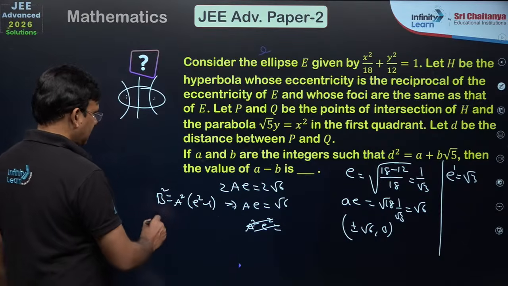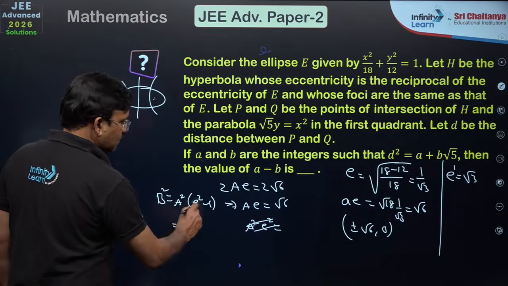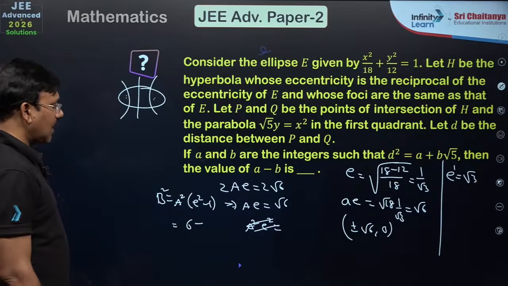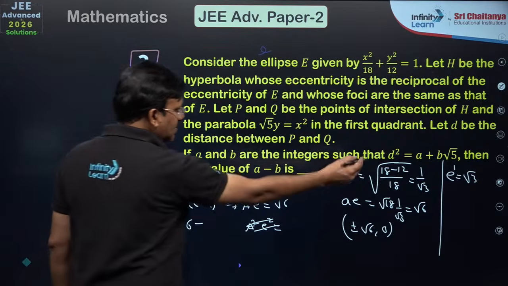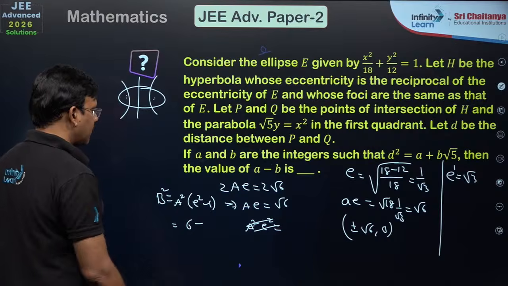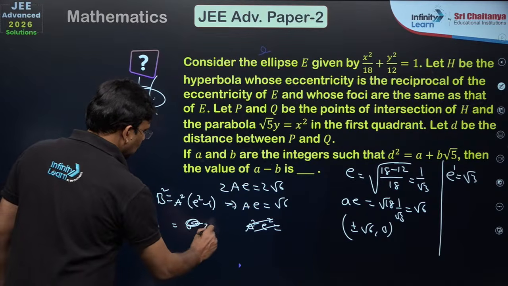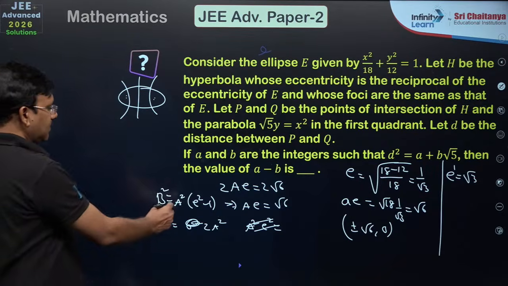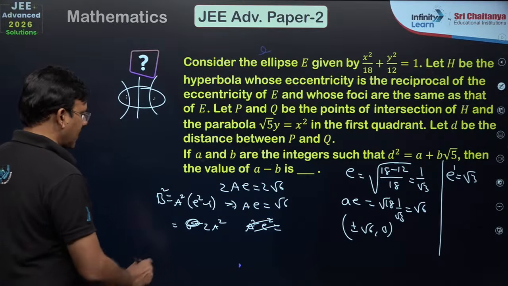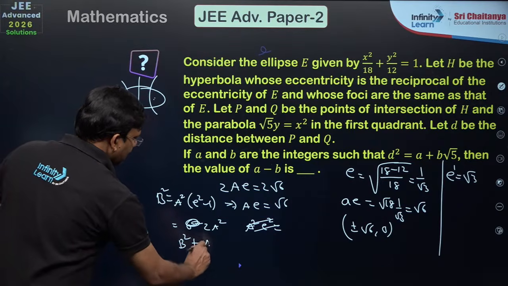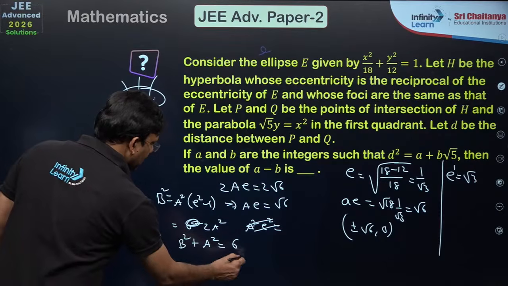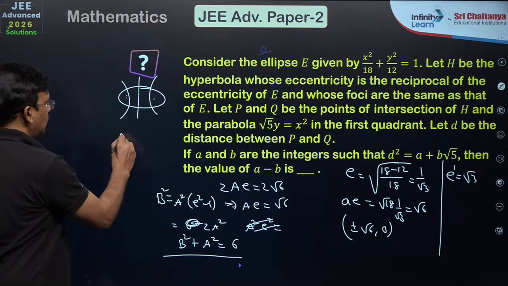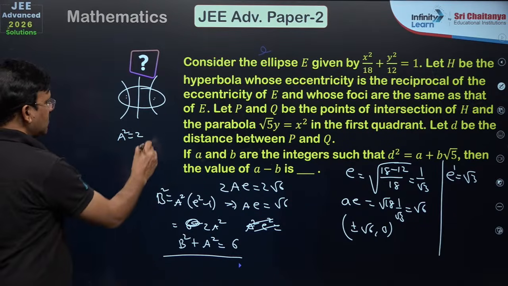So B square is equal to A square into E square, which is 3, minus 1, is 2, so B square is equal to 2A square. And you can also find A square plus B square is equal to A square E square, which is equal to 6. 3A square is equal to 6, A square is equal to 2, so B square is going to be 4.